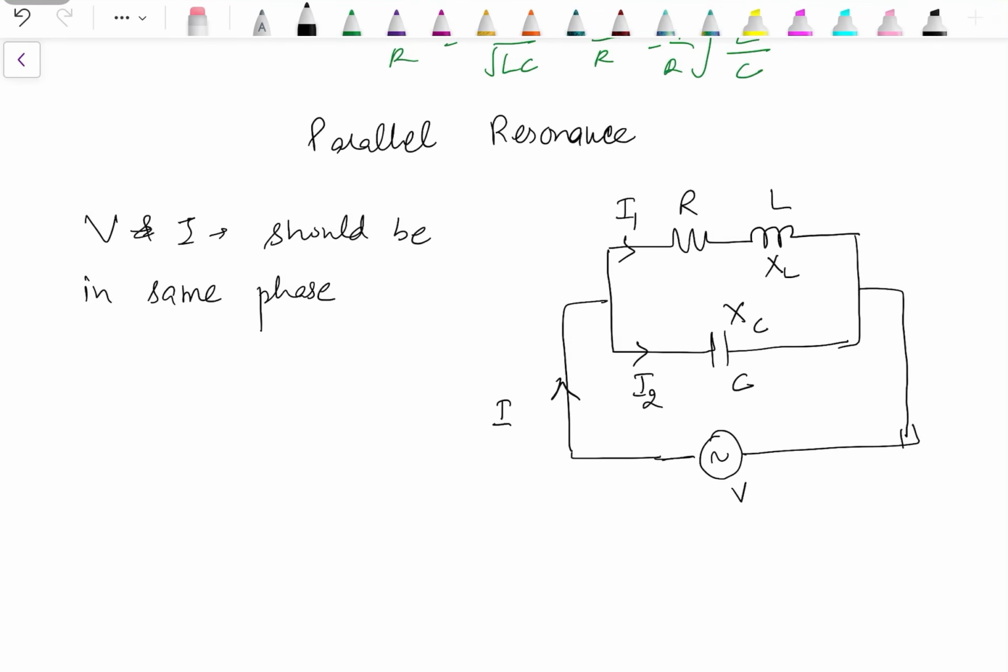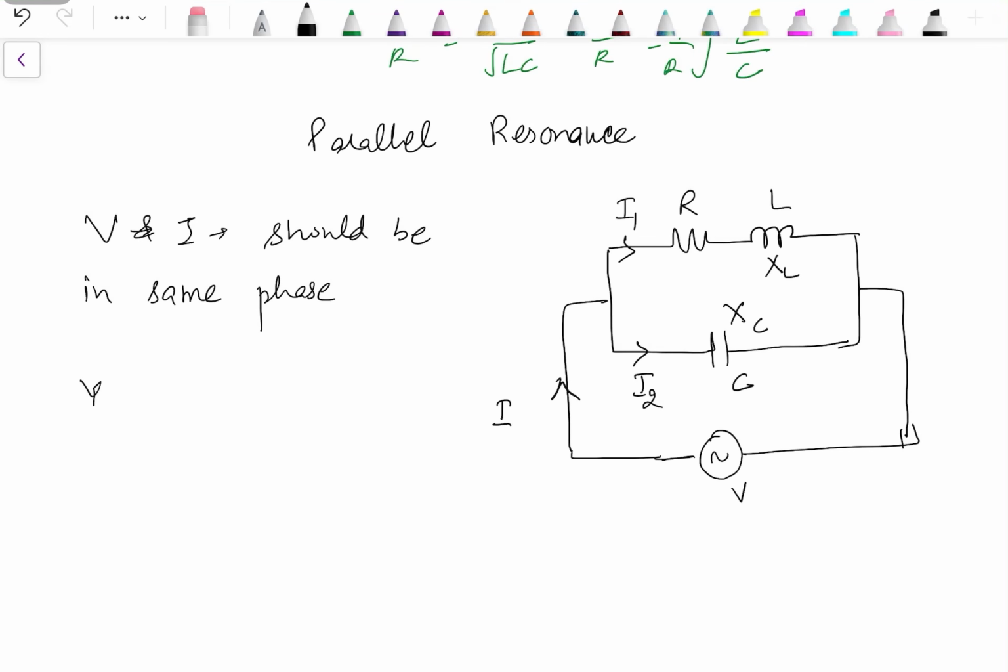For finding out when these two will be in the same phase, we need to find out the admittance, and the imaginary part of the admittance, or we can say the susceptance of the circuit, should be 0.